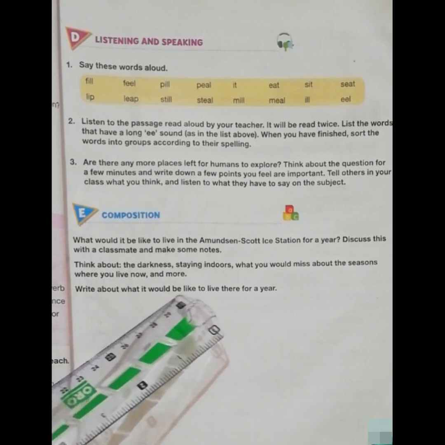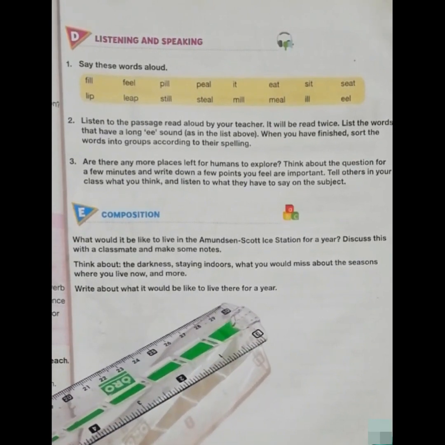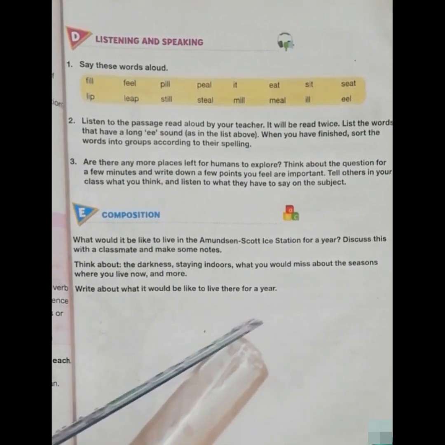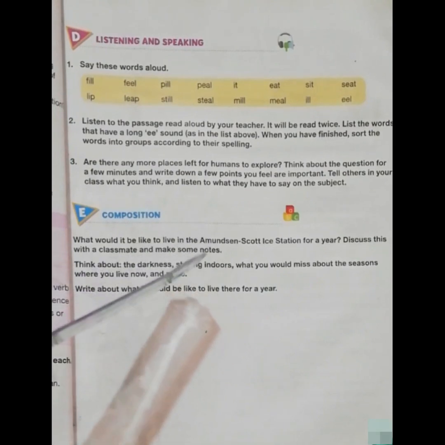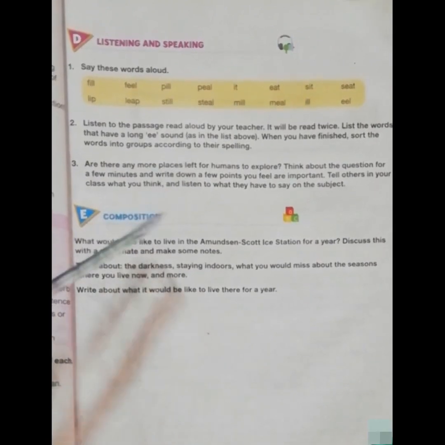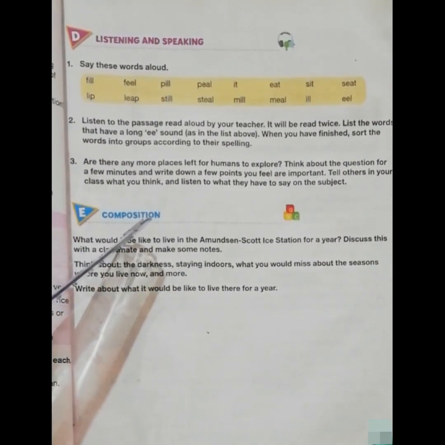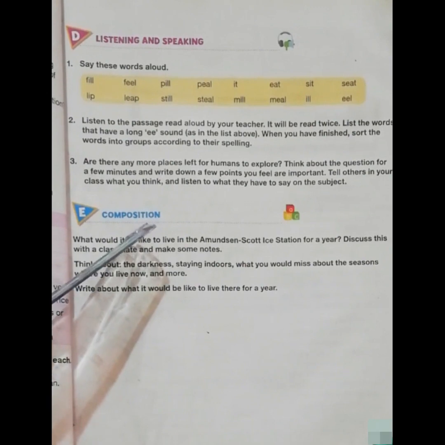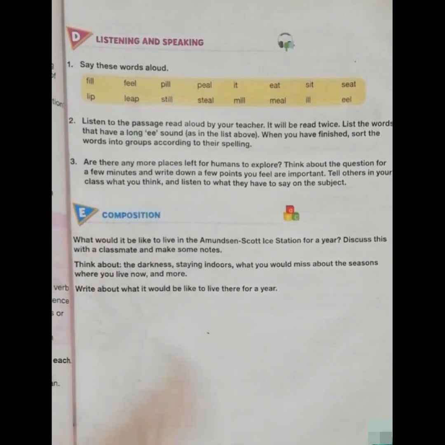What would you miss about the seasons where you live now, and more? And write about what it would be like to live there for a year. So this is a creative activity, and you are going to compose these notes on your own with the discussion of your friends, of your siblings, and of your family.